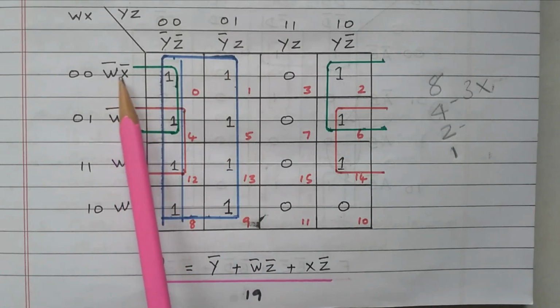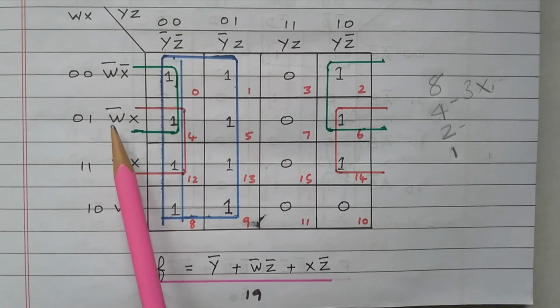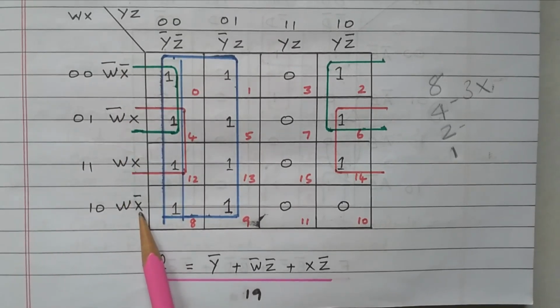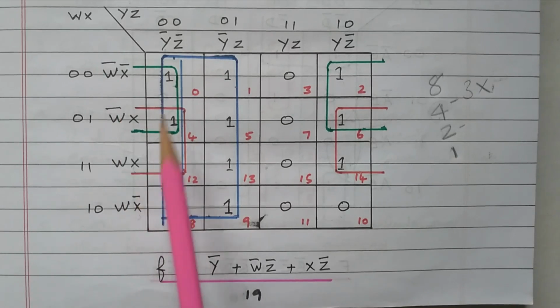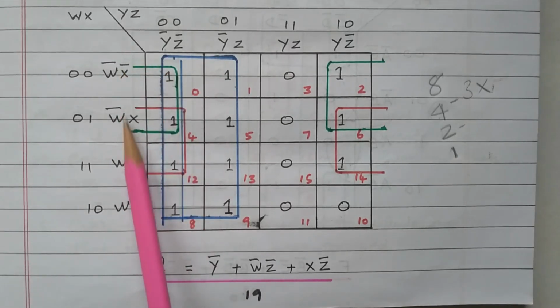See, W bar X bar is cancelled by WX, because W bar and W cancel, X bar and X cancel. W bar X is cancelled by WX bar. So all terms are cancelled on the row side.